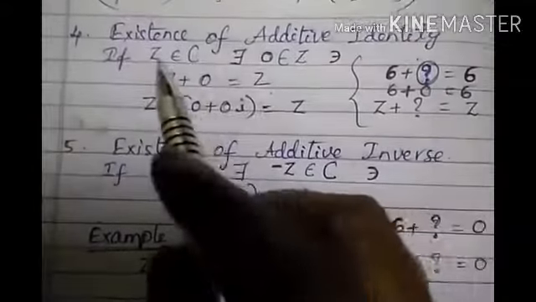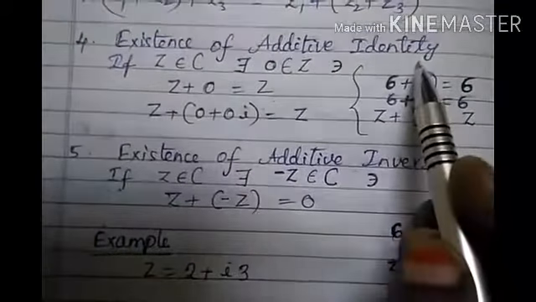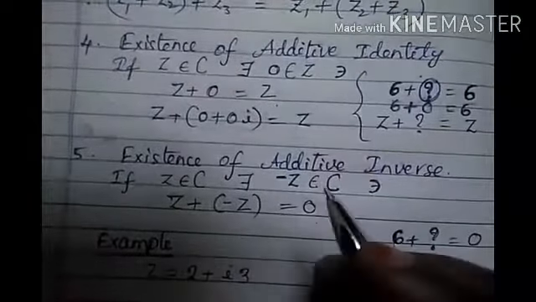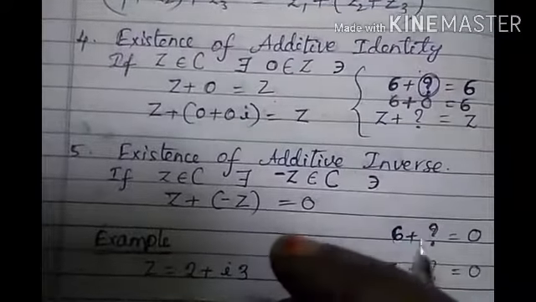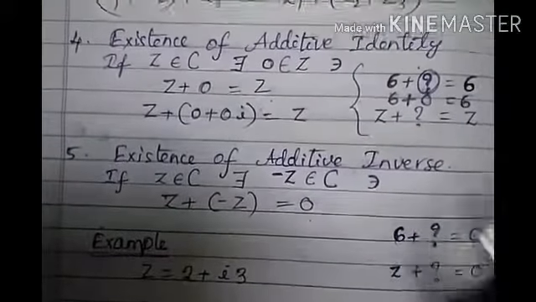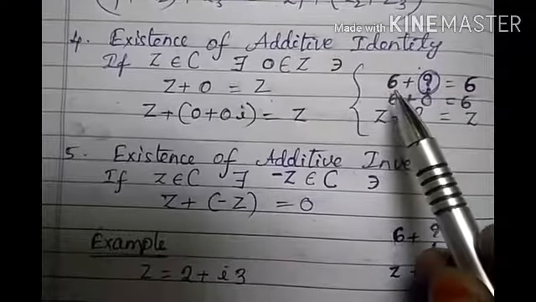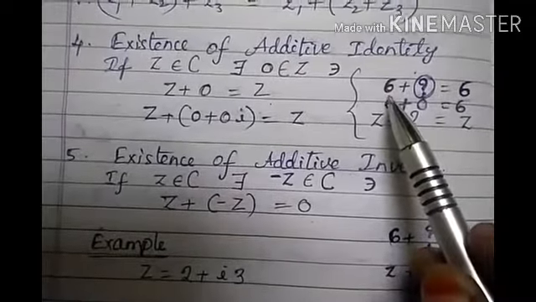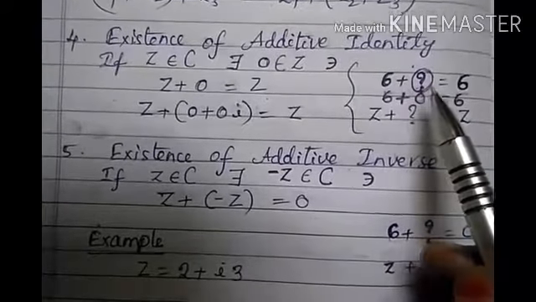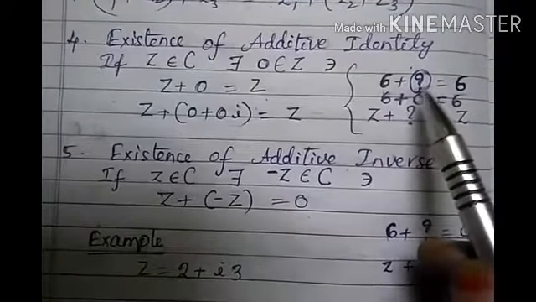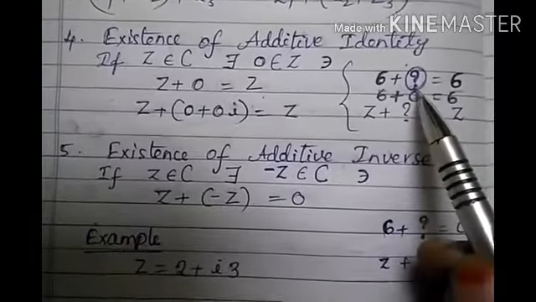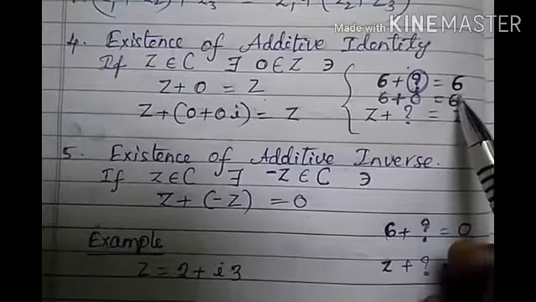Now, next one is existence of additive identity. What is an additive identity? It is not only applicable for complex numbers. For example, I have taken the value 6, and to this 6 I am adding some number which gives the same number.